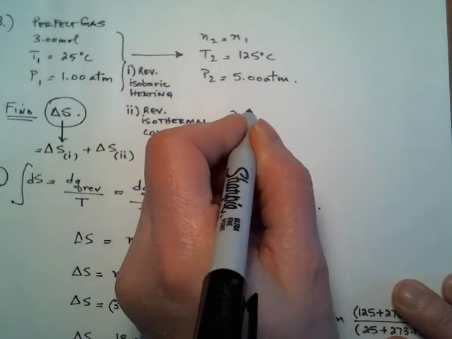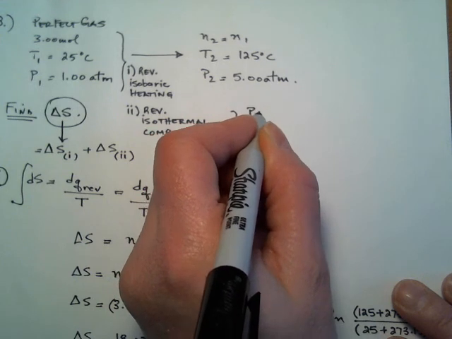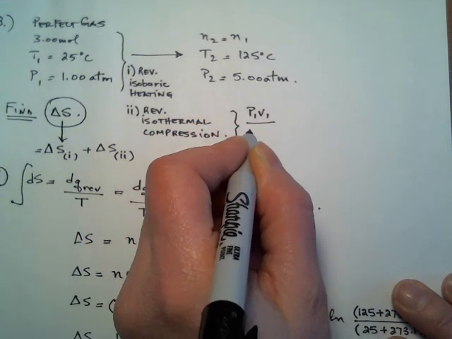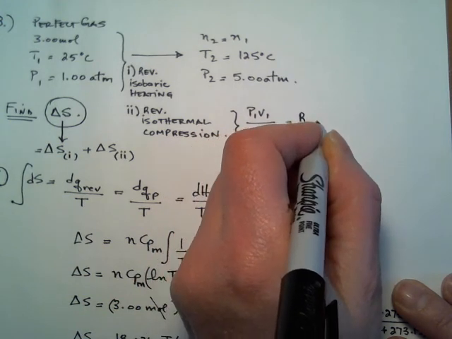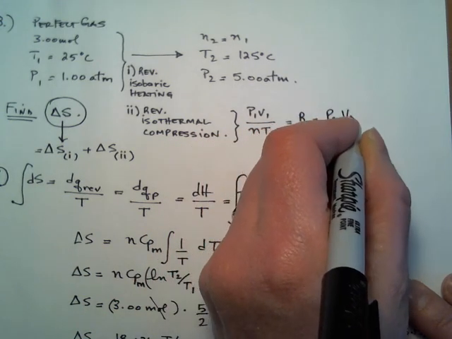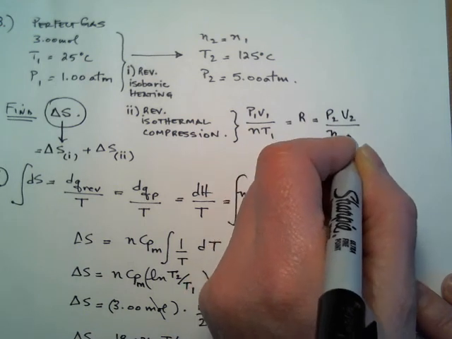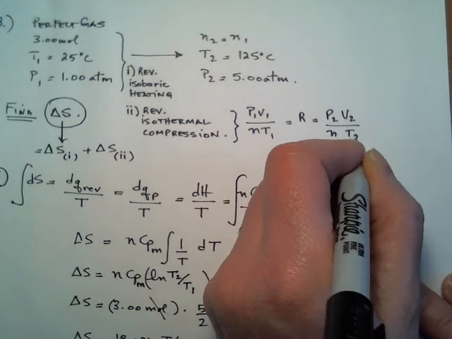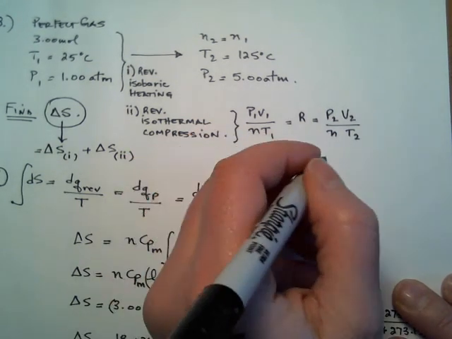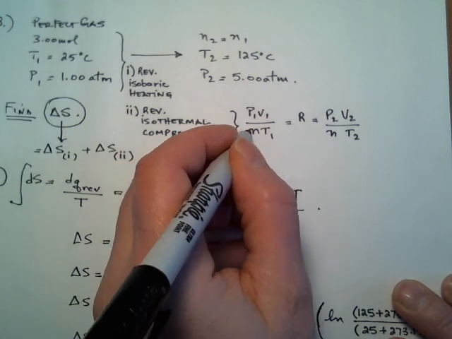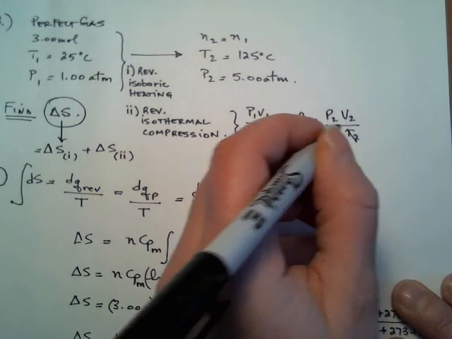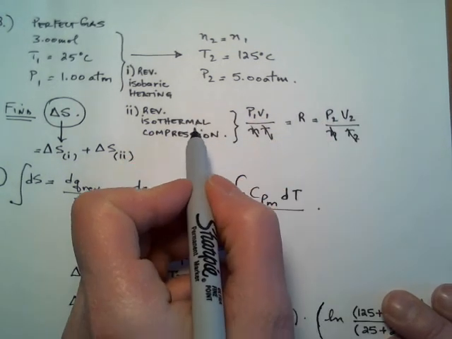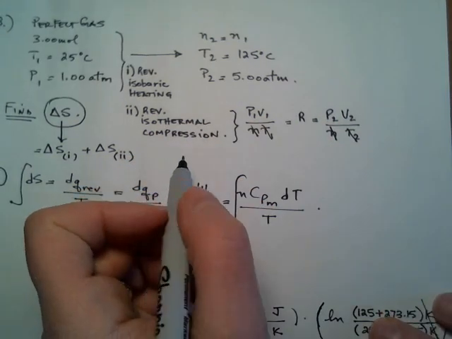Let's say for state 1, I have that P1 V1 over nT1 is equal to R is equal to P2 V2 over nT2. It's n2 and n1 as well, but closed systems. So then I cancel what is constant, in this case isothermal, so there's my temperature, and see right away. So for an isotherm, PV is a constant.